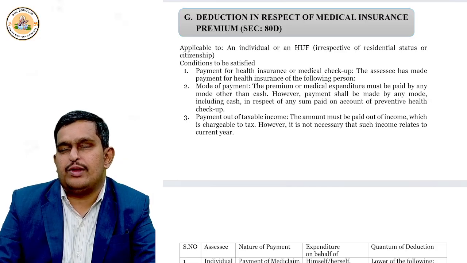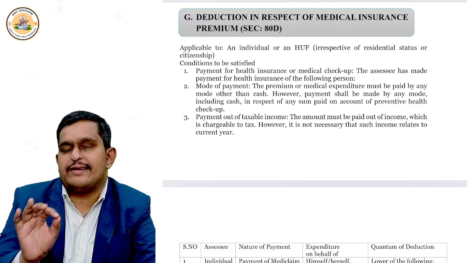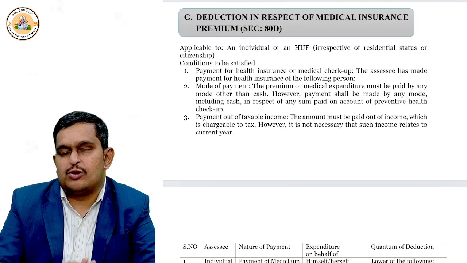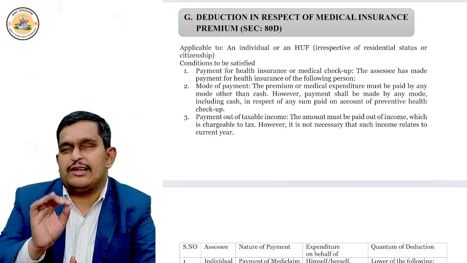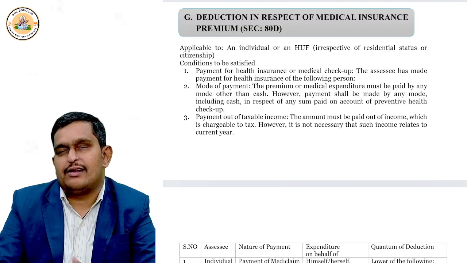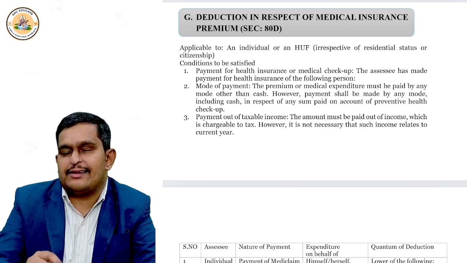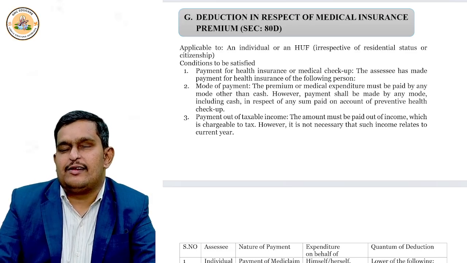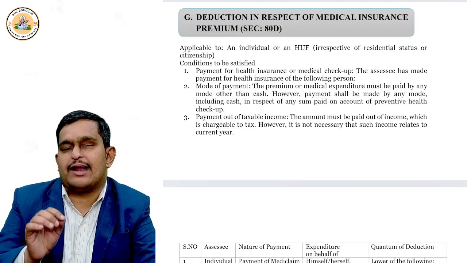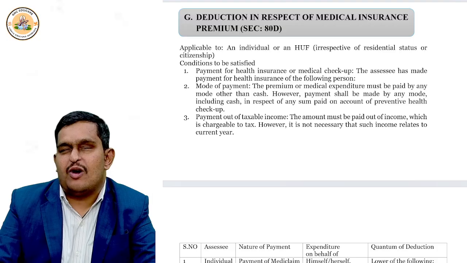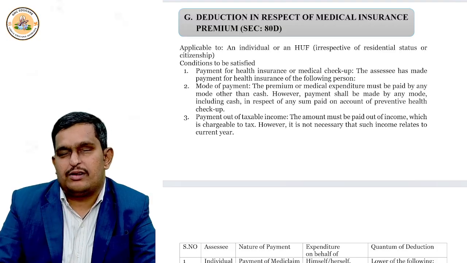The payment should be through account payee cheque, through demand draft, through any other electronic mode. It's okay. But you cannot make payment in cash. So, if you want to claim deduction under 80D, it should be through account payee cheque, demand draft, or electronic clearance system, or any other electronic mode. It cannot be in cash.